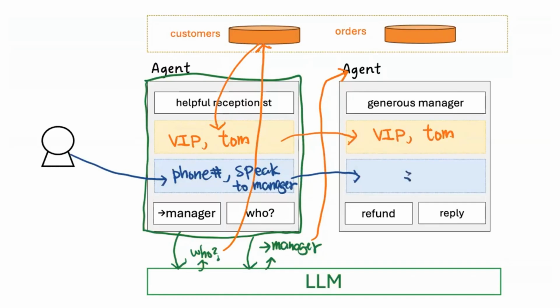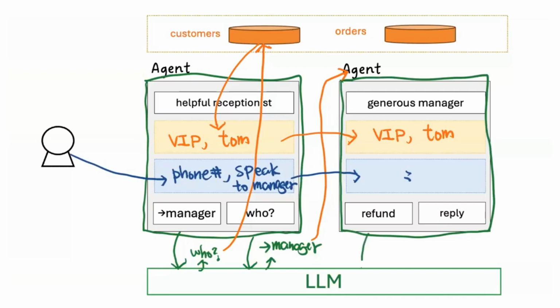Now the manager has all the information and is going to use its brain, which is the large language model, and send all this information. With this, okay, a VIP is calling, and I'm the generous manager. I have a refund and a reply option. It would be odd to just reply right away. Maybe I should refund because it's a VIP, it's Tom. So it decides, well, I need to refund.